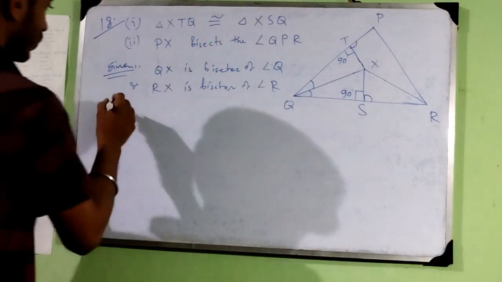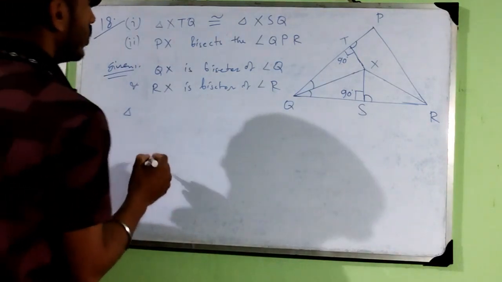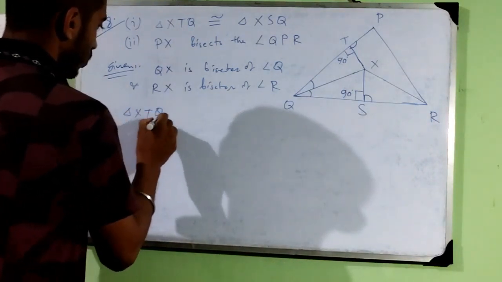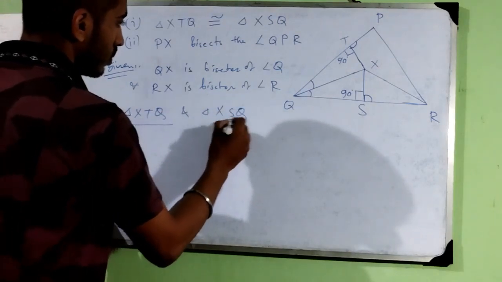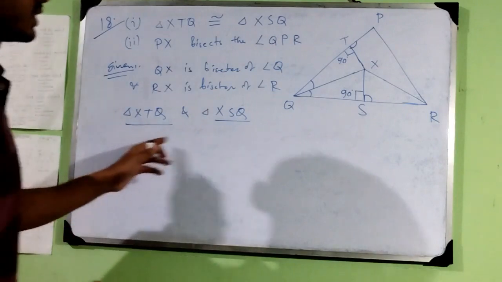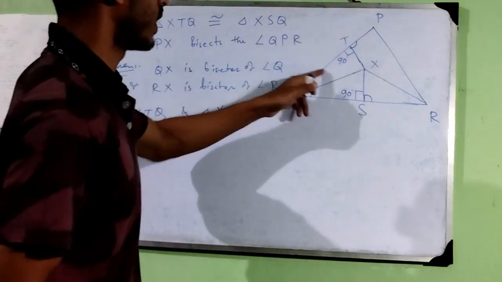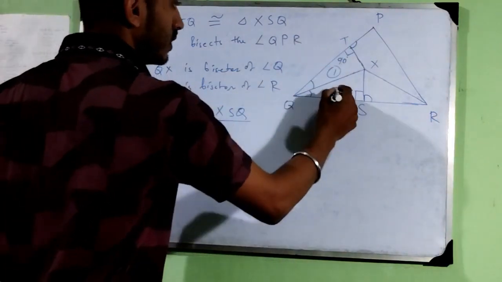So we are taking triangle XTQ and triangle XSQ, this first triangle and this second one.